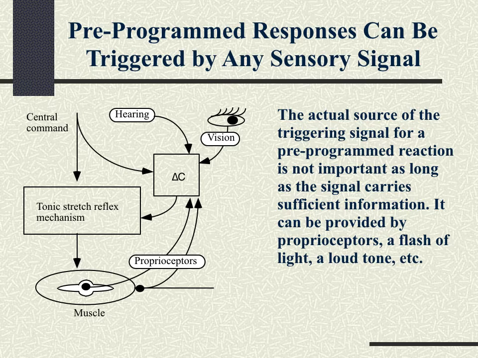Only after the arm is anesthetized at the shoulder are the pre-programmed reactions eliminated. So if the hand is anesthetized, the reaction is there. If the forearm is anesthetized, the reaction is still there. Only after the arm is anesthetized up to the shoulder are the pre-programmed reactions eliminated.